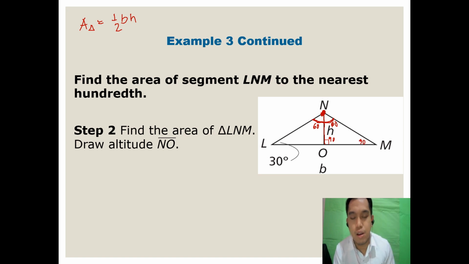Kasi di ba yung total measure ng isang triangle ay 180. So yung measure ng right triangle na to ay 180 degrees. Okay? So therefore, class, mayroon na tayong 9, yung measure ng radius. This is the radius.